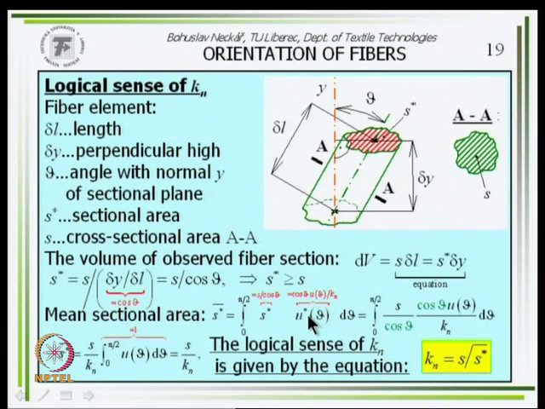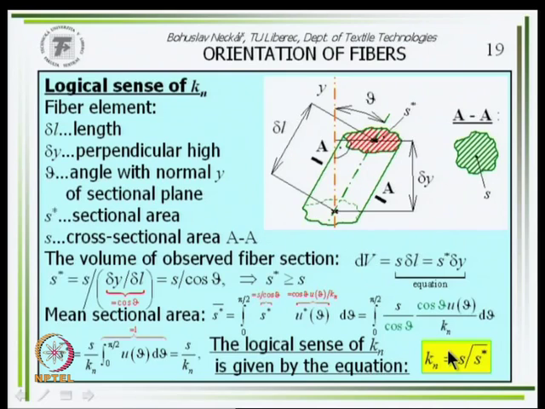Using this, we obtain this formula after rearranging. What is here is the integral of the probability density function. It must equal 1, so that it is S by Kn. The resulting equation is that Kn is S by S star bar.